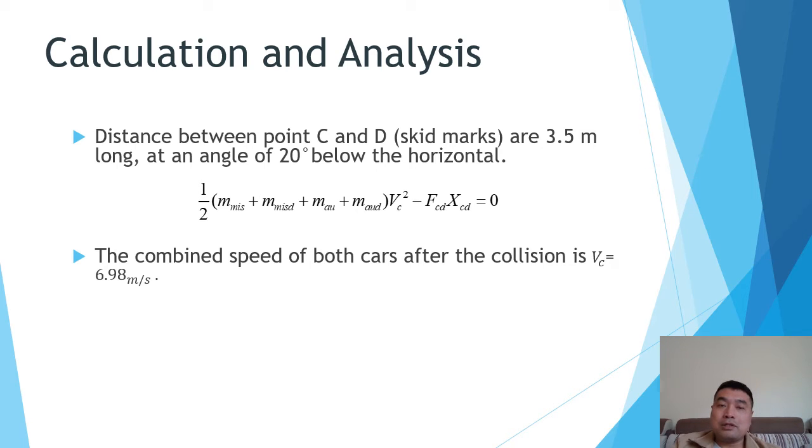From the collision point C to stop point D, skid marks are 3.5 meters long at an angle of 20 degrees below the horizontal. So we build an energy equation. Now we can work out the combined speed of both cars after the collision.